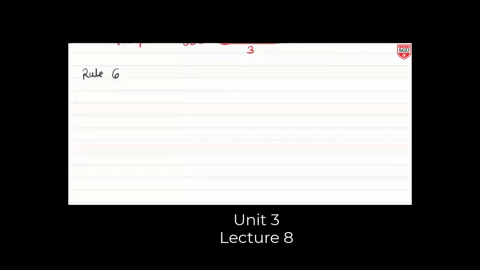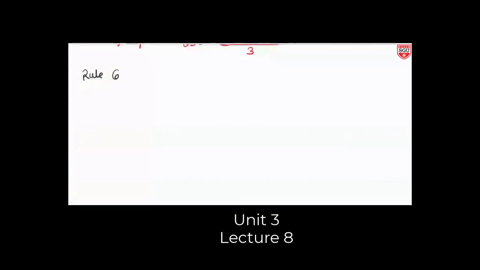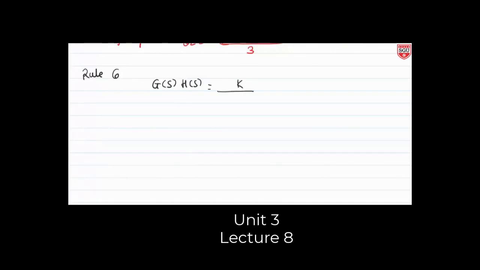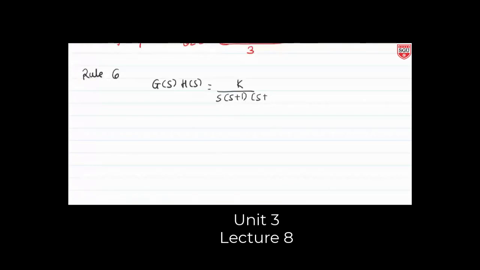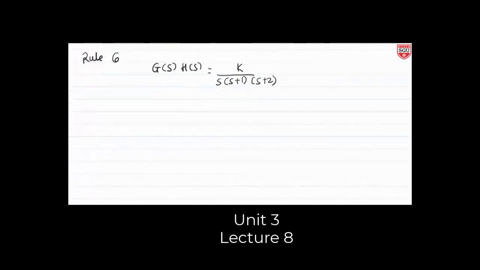Let's see what is the transfer function which we have. G of s, h of s is equal to k upon s into s plus 1, s plus 2. Then what is the characteristic equation? The characteristic equation of this we have to find out.